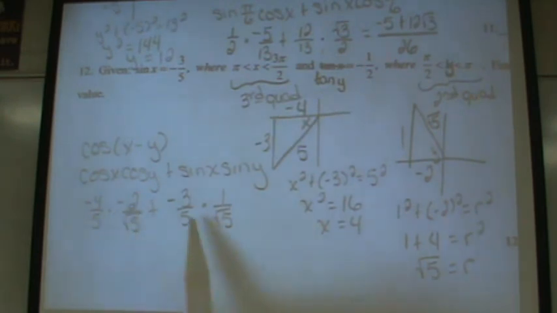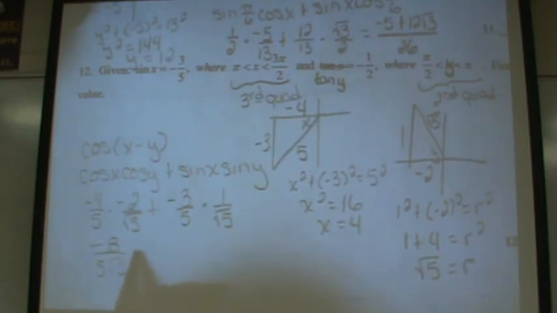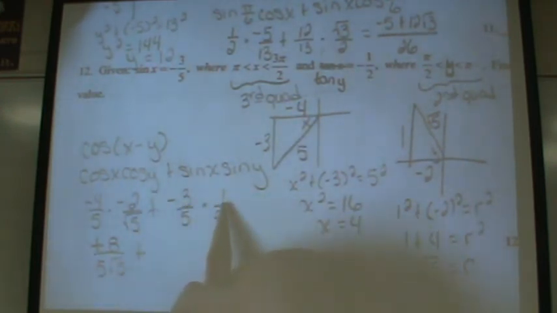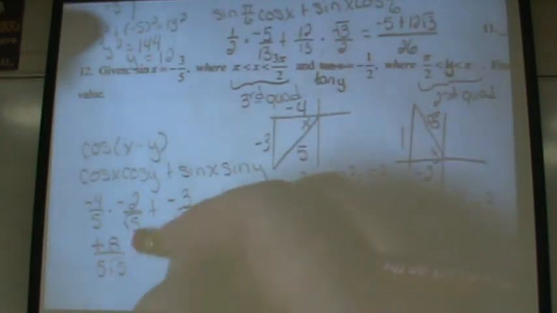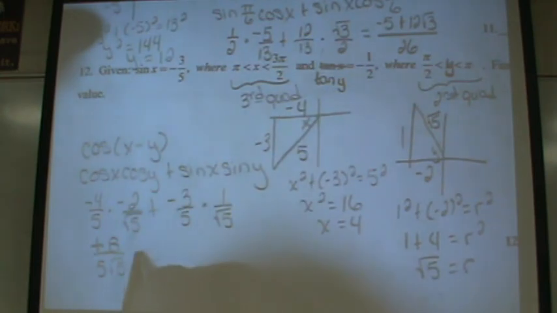Now multiplying our fractions across, we're going to get 8/(5√5), positive 8, sorry, because you have a negative times a negative. So positive 8/(5√5) plus -3/5 times 1/√5. So this positive is actually going to become a negative, and that's going to be 3/(5√5).